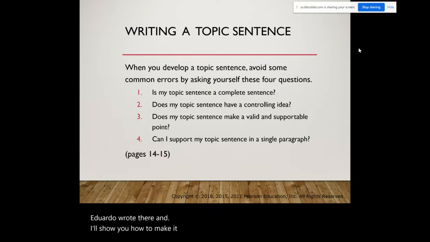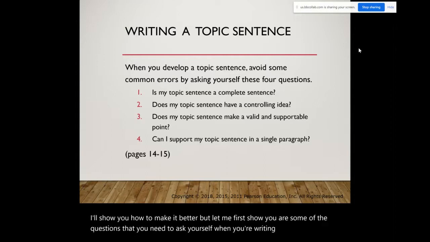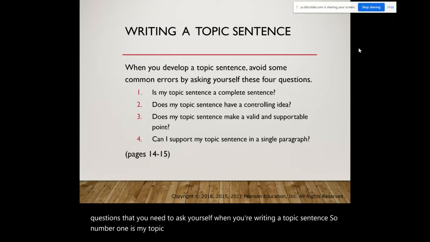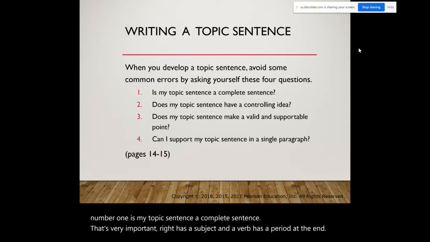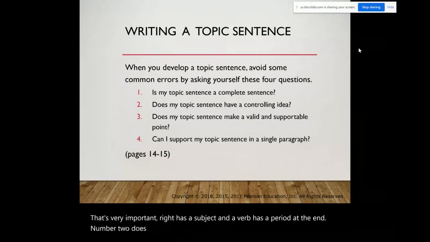But let me first show you some of the questions that you need to ask yourself when you're writing a topic sentence. So number 1, is my topic sentence a complete sentence? That's very important, right? It has a subject and verb. It has a period at the end. Number 2, does my topic sentence have a controlling idea?